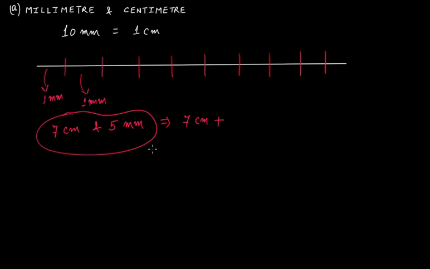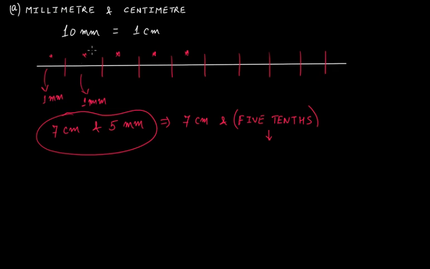Now 5 millimeter means what? 1 section, 2 sections, 3 sections, 4 sections and 5 sections, right? So 5 millimeter is actually 5 tenths, and that's actually 5 over 10.